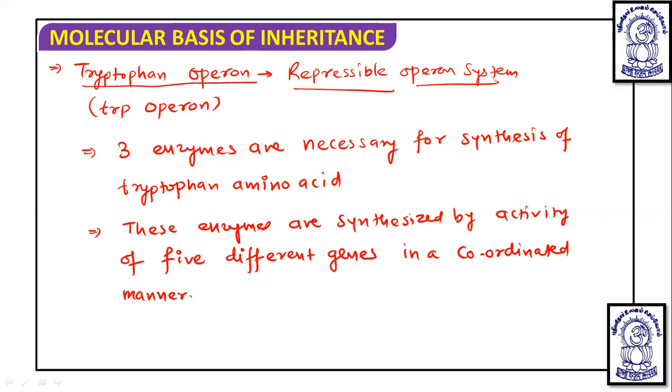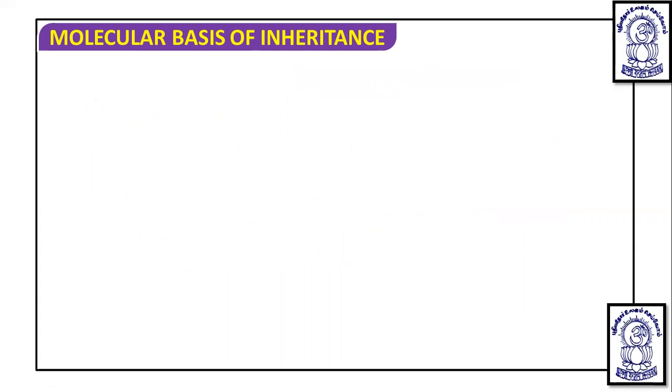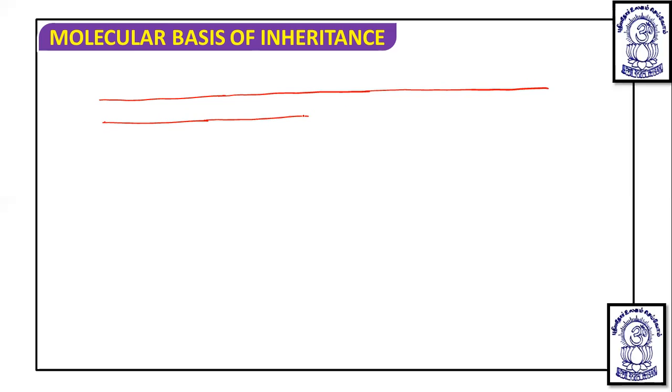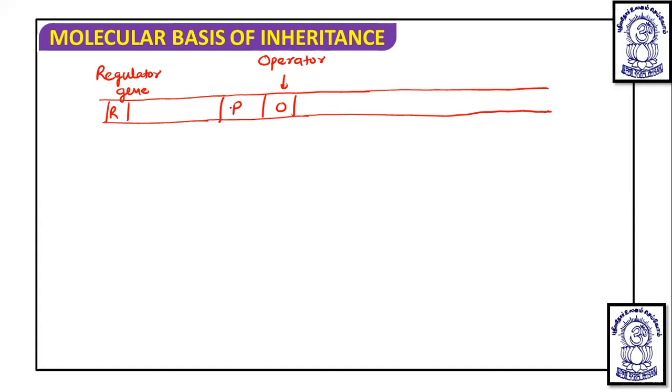Now let's first discuss the operon with a diagram. If we draw the diagram of this tryptophan operon, it would look like this. This is the R gene, which is known as the regulator gene. Then here you will find an operator gene, and then a promoter gene.